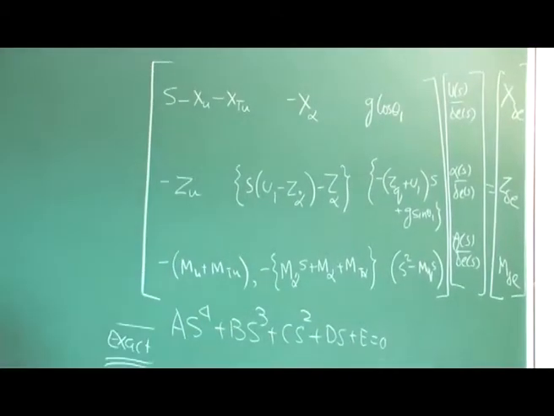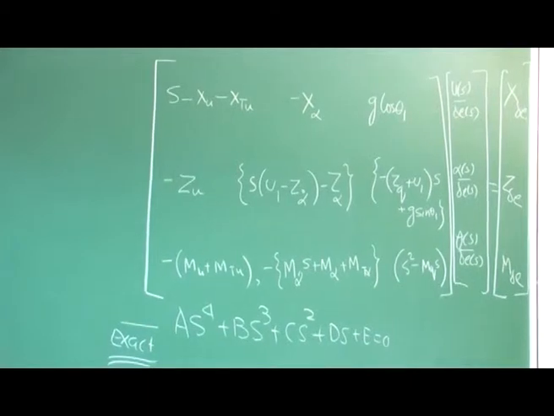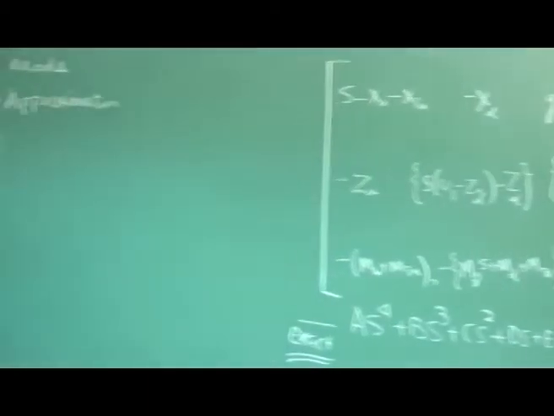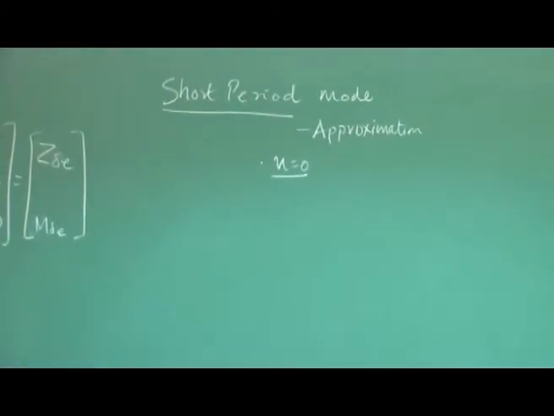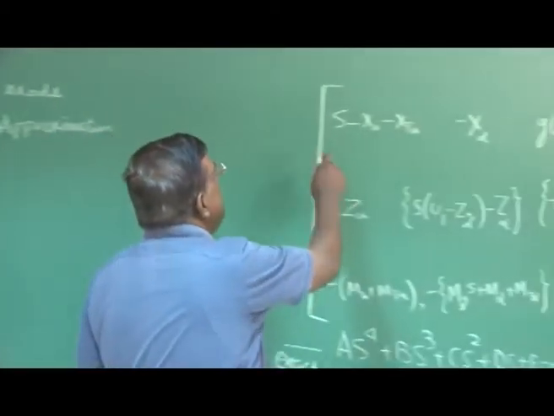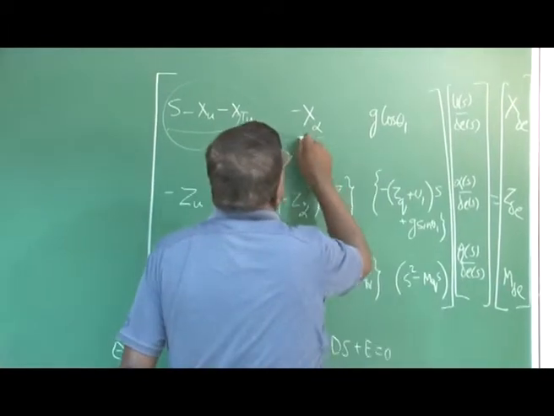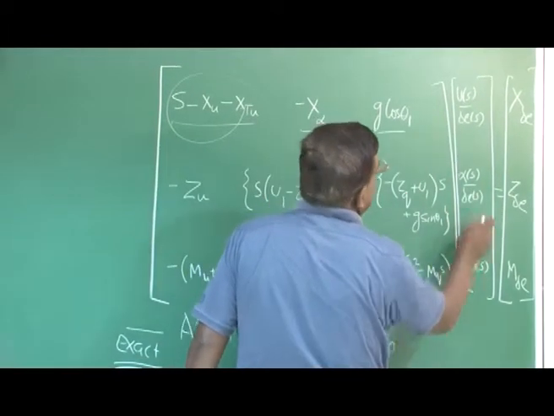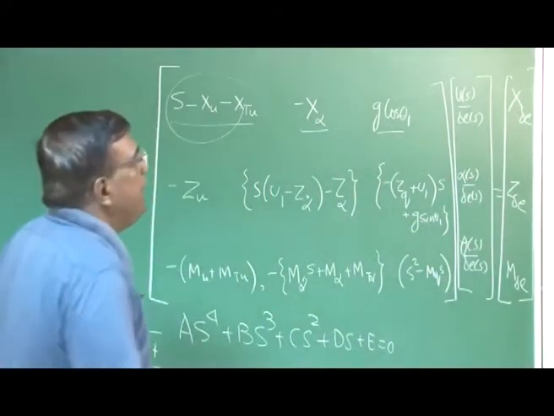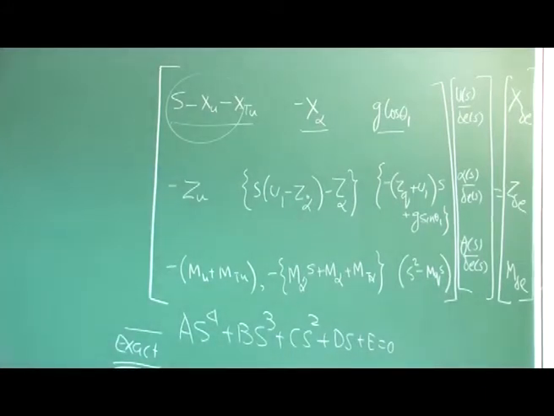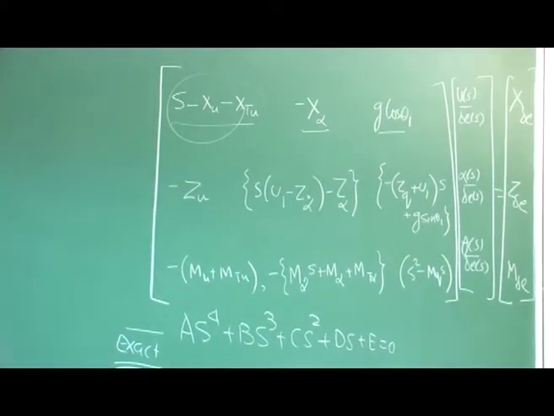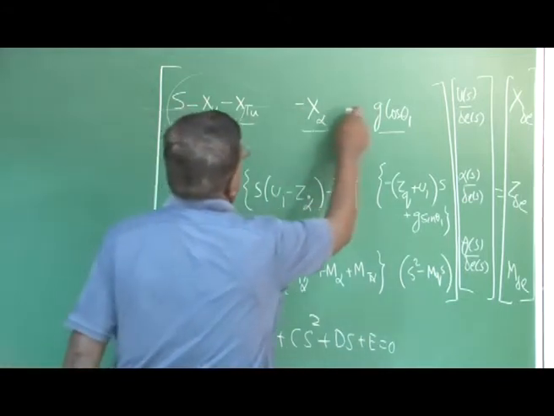What we did was, since the perturbed u is 0, the equation x minus xu, this into u, equal to x delta E, is a superfluous equation, because there is no change. So, we are dropping this equation, right.